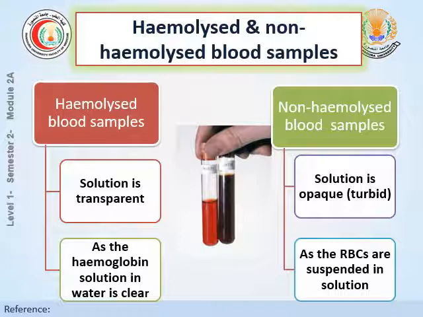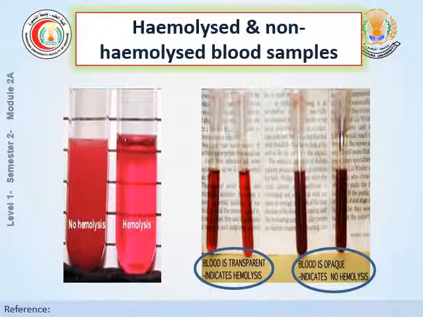Hemolyzed blood sample solution is transparent, as hemoglobin solution in water is clear. Non-hemolyzed blood sample solution is opaque or turbid, as RBCs are suspended in solution. This is the difference between hemolyzed and non-hemolyzed blood samples.